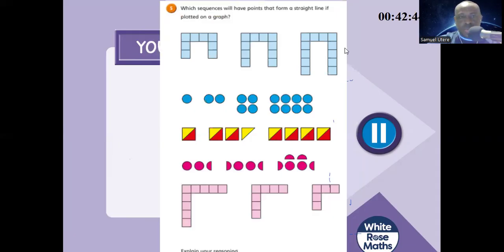So this time, question 5. Here they're asking you which sequences will have points that form a straight line if plotted on a graph. Don't forget about that skill we learned. You could just count, write the numbers, and check whether we have a constant difference. Keyword. Okay, I'll give you 2 minutes to get this done. You should be able to do this in 2 minutes, really quick.